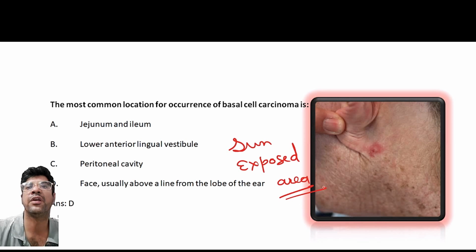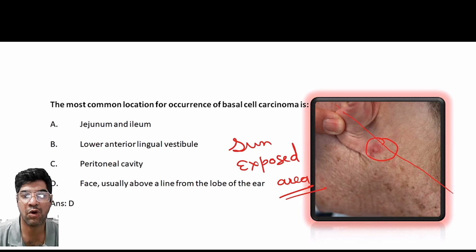It is frequently found above the line drawn from the lobe of the ear to the corner of the mouth. It is invasive, slow growing in nature, and it rarely metastasizes. So your answer would be the line from the lobe of the ear.